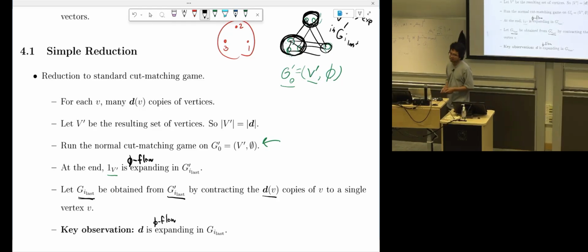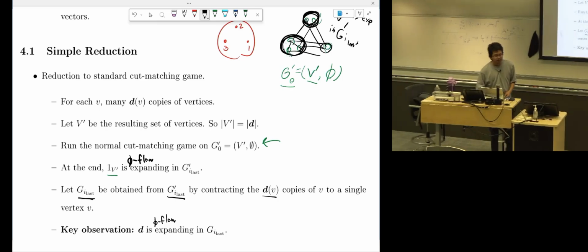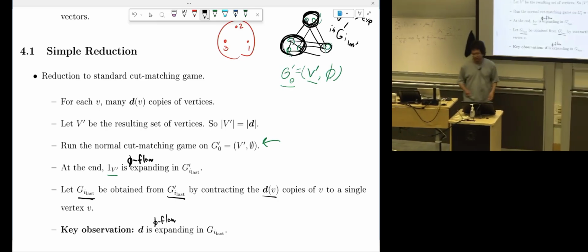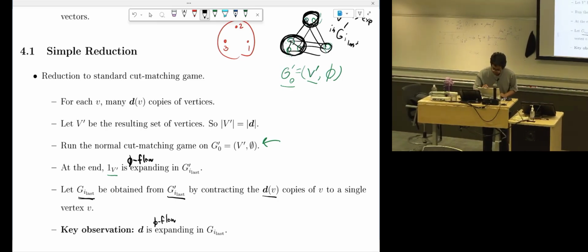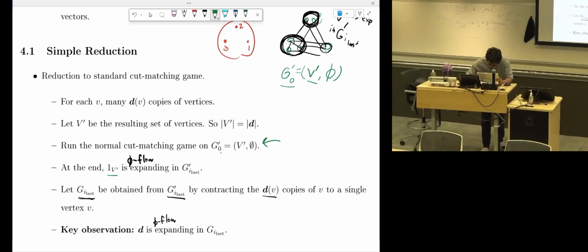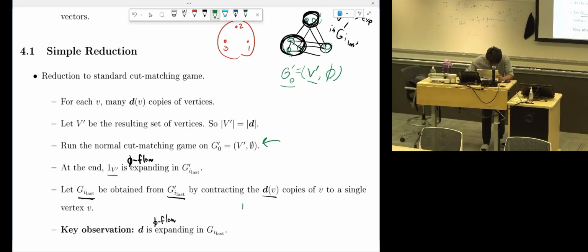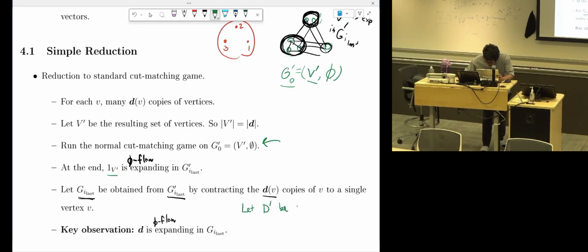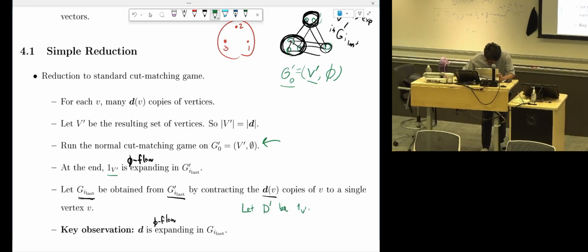Maybe I should say this. Consider, let E prime be this thing respecting demand.